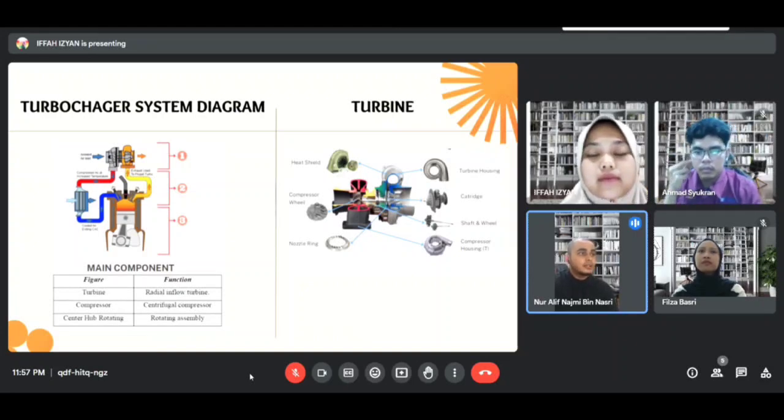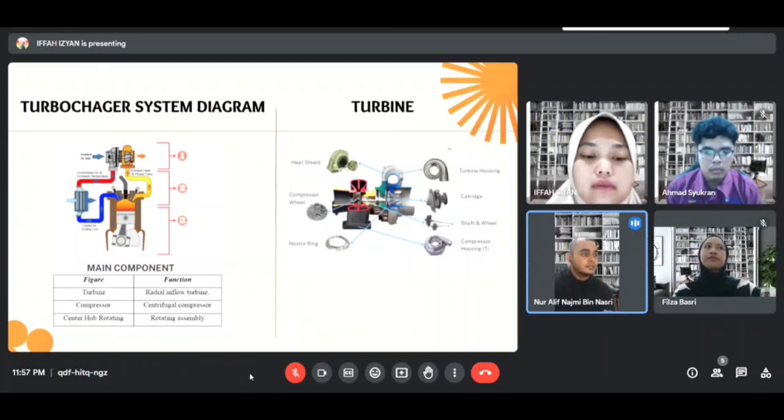I will let you know what the parts in the turbocharger system are and the function of every part. In Figure 1 on the left side, the turbocharger system diagram is shown. I divide it into three parts. The first part is the turbine. As we know, the turbine functions to bring ambient air into the inlet and to bring out the exhaust gases.